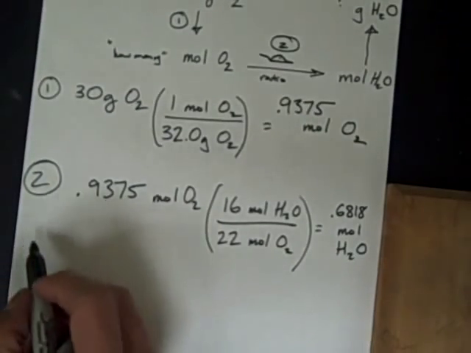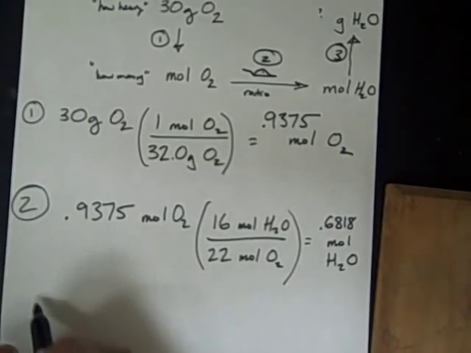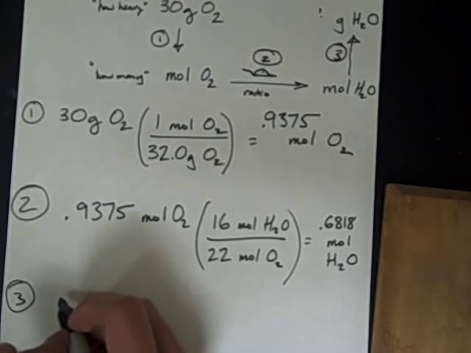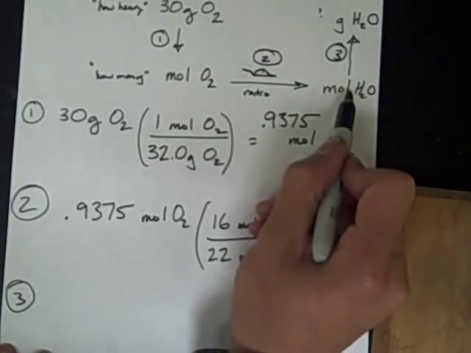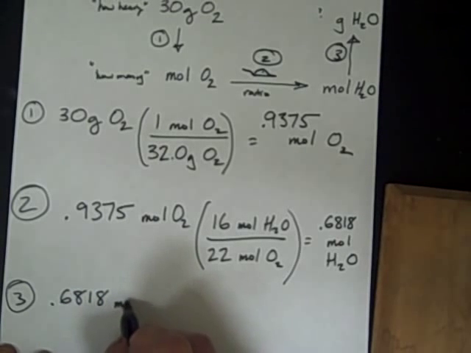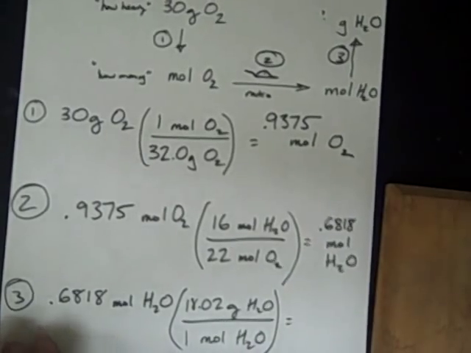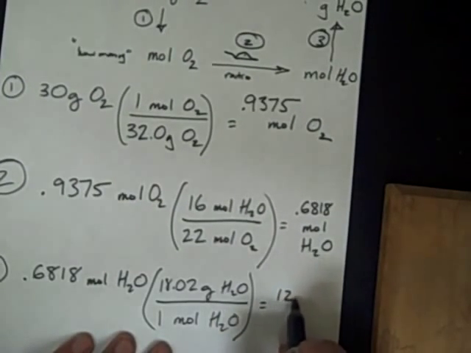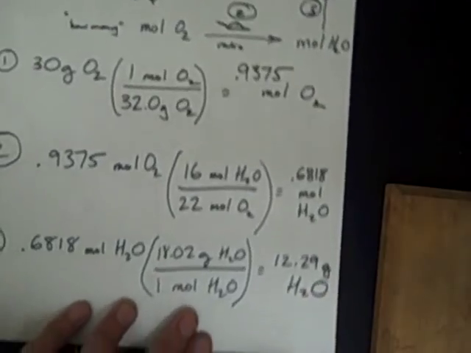Okay, so I need to go on to step 3. Step 3 is taking this amount and figuring out how much it weighs, going from how many to how heavy. 0.6818 moles of H2O, and to know that 1 mole of H2O is equal to 18.02 grams of H2O, and this ends up being 1.1229 grams of H2O.